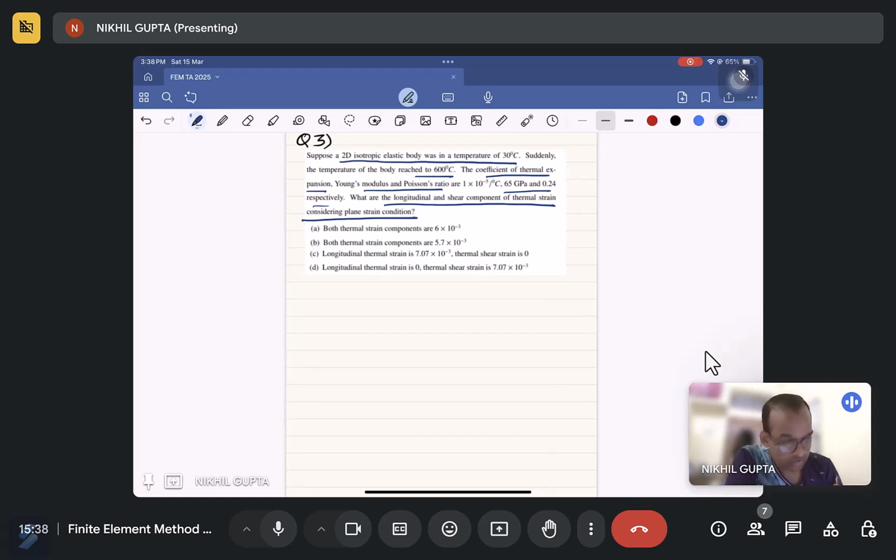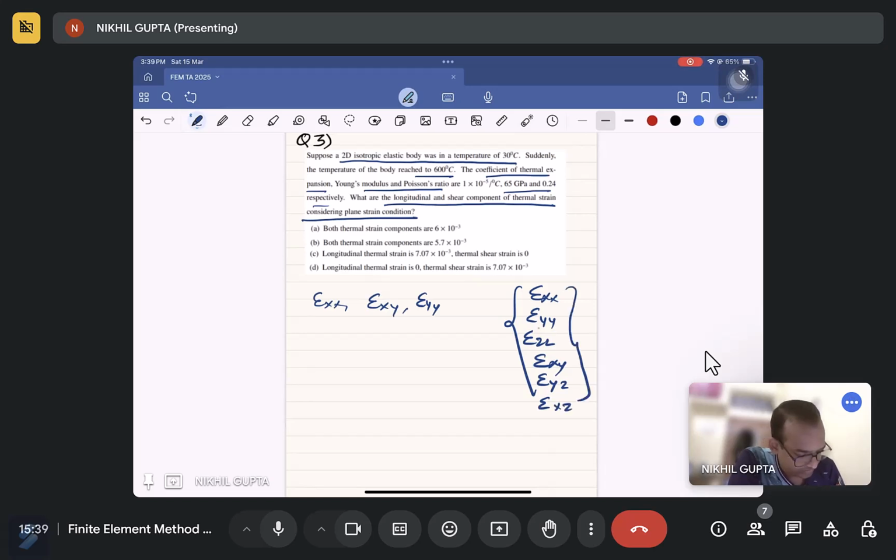So I'll tell you, when we apply the plane strain condition, we get epsilon xx, epsilon xy, and epsilon yy. So you have the full matrix: epsilon xx, epsilon yy, epsilon zz, epsilon xy, epsilon yz, and epsilon xz.